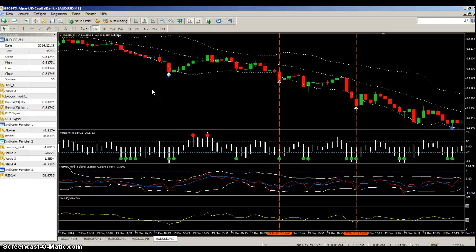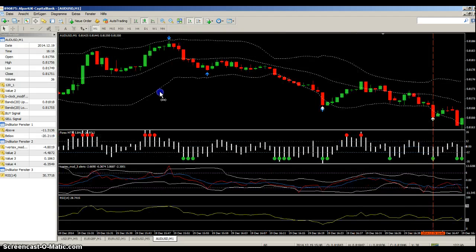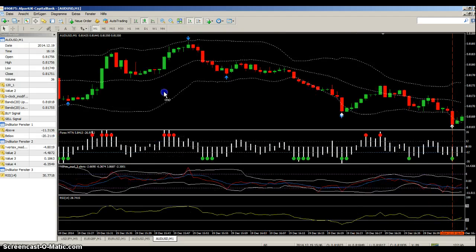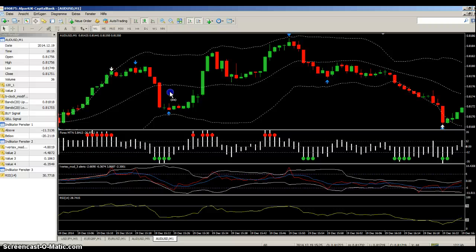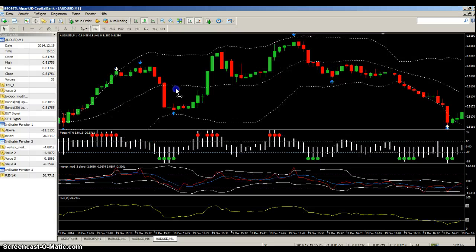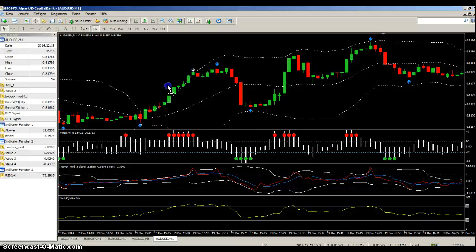What this strategy completely ignores are the repainting blue arrows from the original strategy. My advice to you would be to cancel them from your chart, because the alert is completely annoying.